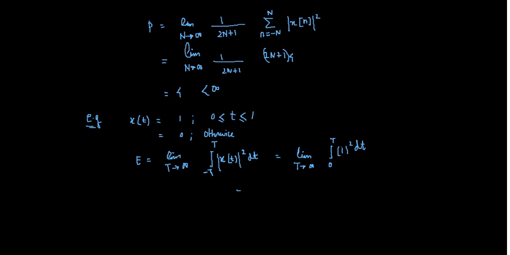So how much is the energy now? It is 1. This is limit T tends to infinite, and the signal is defined only between 0 to 1. So the answer would be 1 here. Is that okay?